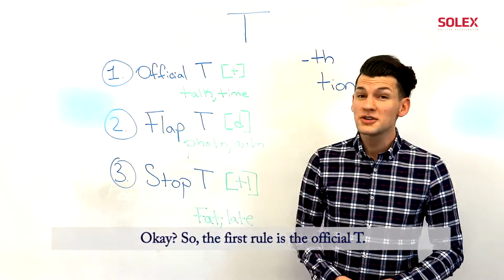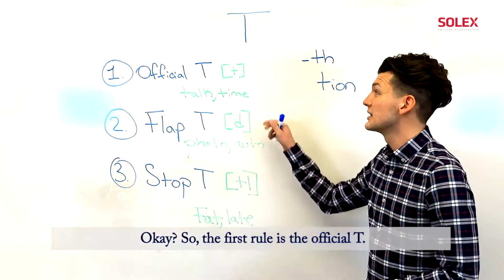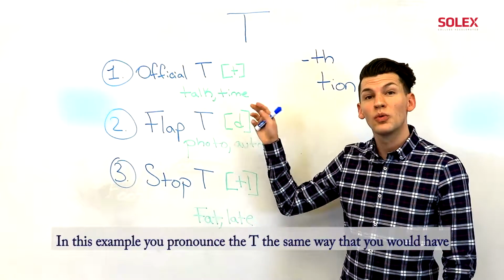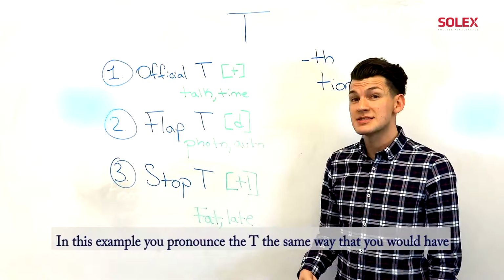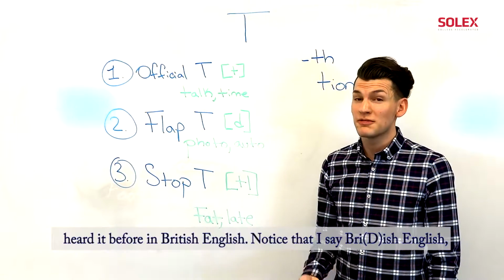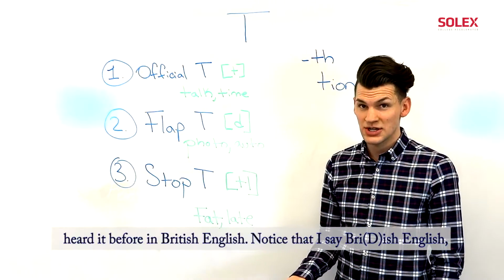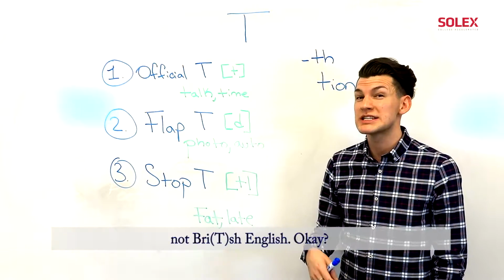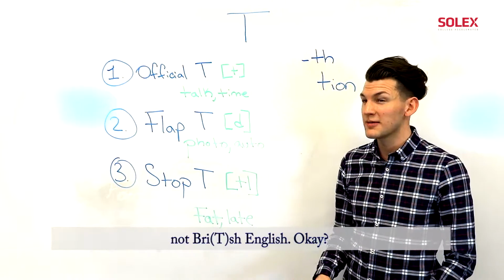So, the first rule is the official T. In this example, you pronounce the T the same way that you would have heard it before in British English. Notice that I say British English, not British English, okay?